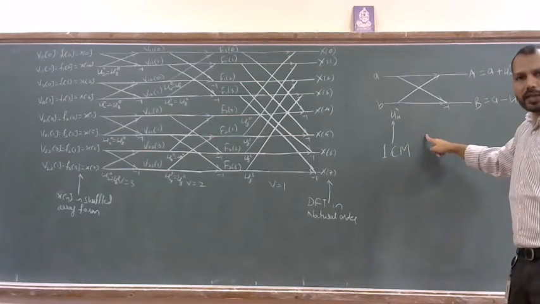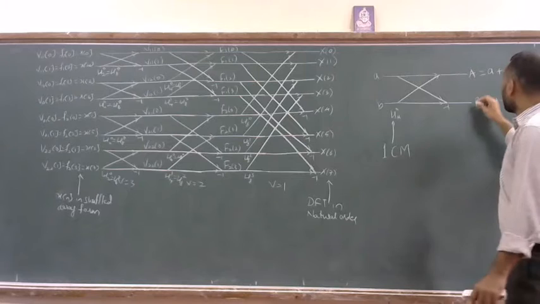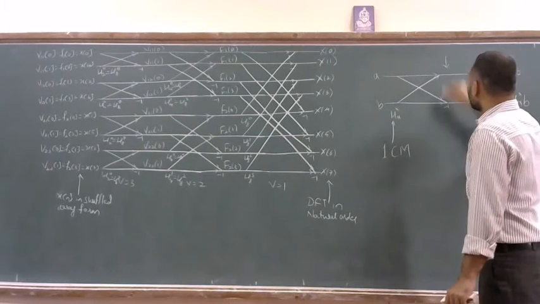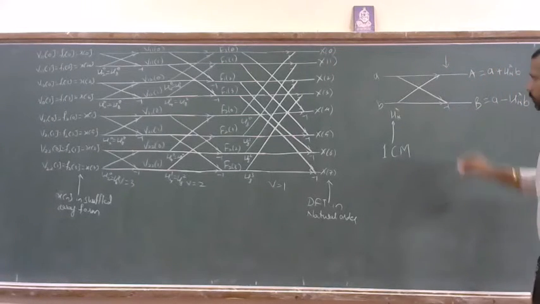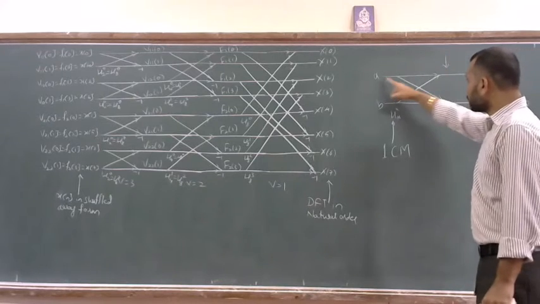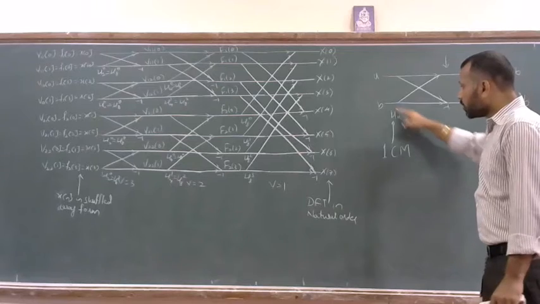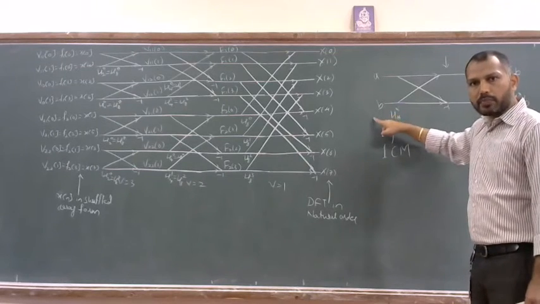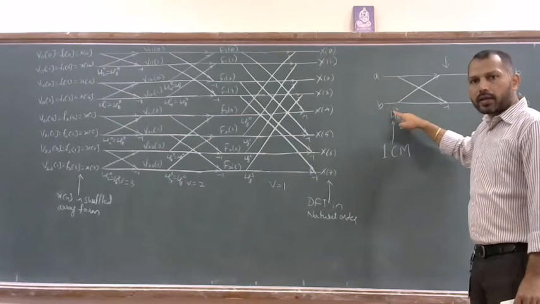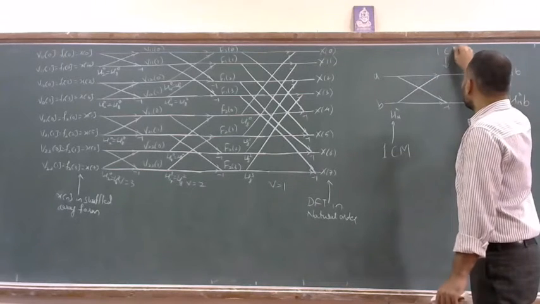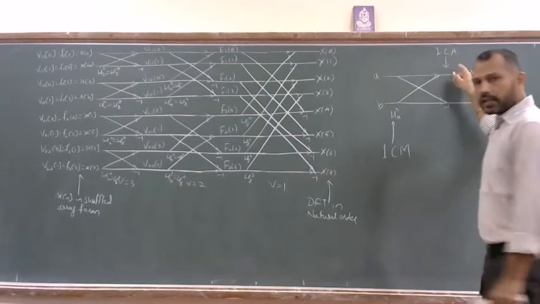And what is happening at this point? Here, A is being added to this product, that is B into W_N^r. So here one complex addition is required at this point.